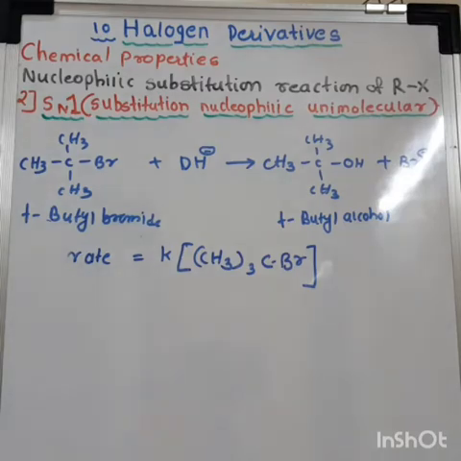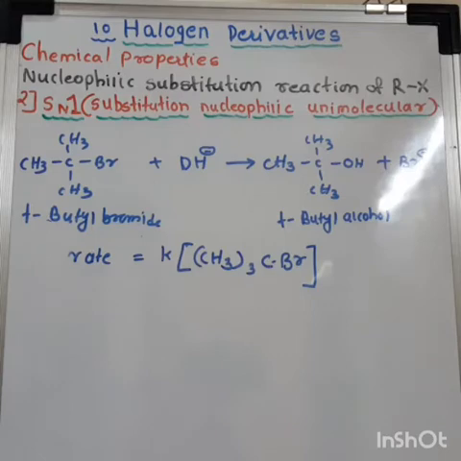So first we'll discuss the SN1 reaction, then we'll see the difference between SN1 and SN2 reactions. In SN1, the rate of reaction depends only on one reactant, that is tertiary butyl bromide. So this reaction is called the unimolecular nucleophilic substitution reaction.